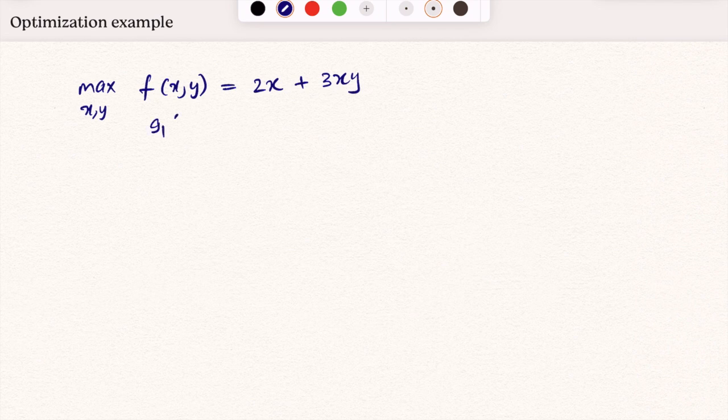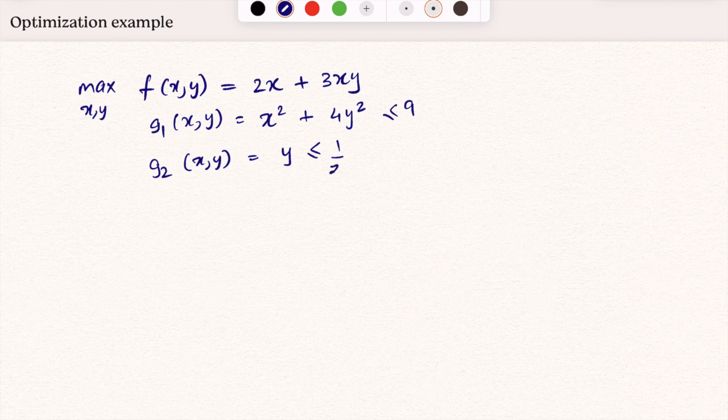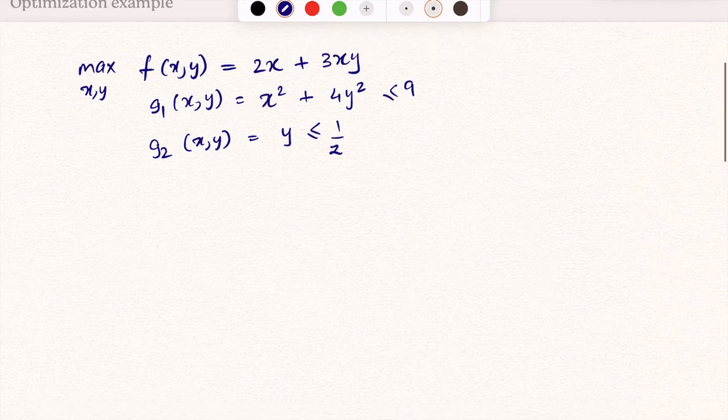You have g1, which is x squared plus 4y squared less than or equal to 9, and you have g2 of x and y, which says that y has to be less than or equal to 1/2. And so this is how the question has been framed. You want to maximize f of x, y subject to these constraints.